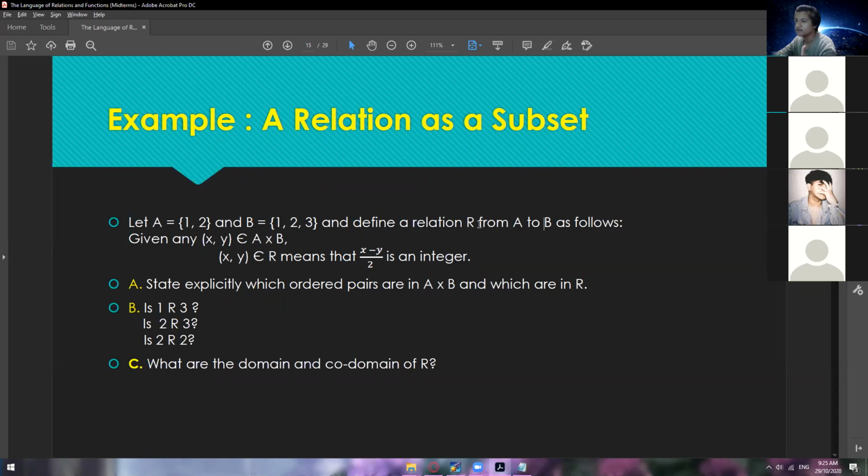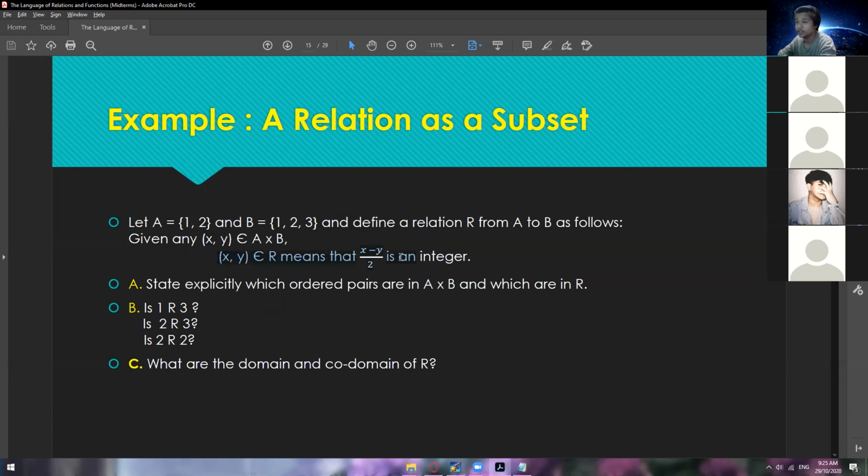So take note, from A to B, okay, which is ang arrangement niya is AB or xy. Okay, so given any ordered pair (x, y) that is an element of A times B. Okay, so kapag minultiply mo tong dalawa, dapat mauuna yung A, susunod yung B, which is yung A natin is the x, and then B is the y.